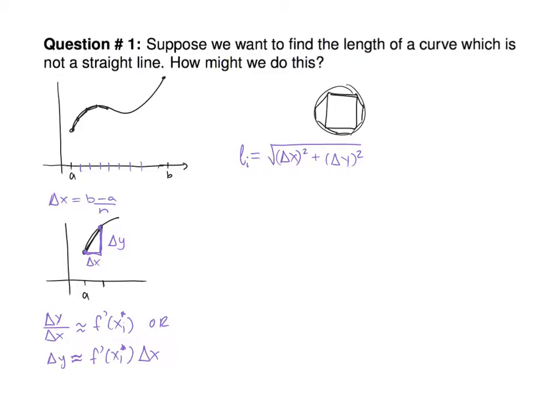And then you can take that and put it into your little length formula. So L sub i will equal the square root of delta x squared plus delta y, which will be replaced by f prime of x sub i star times delta x, the quantity squared.